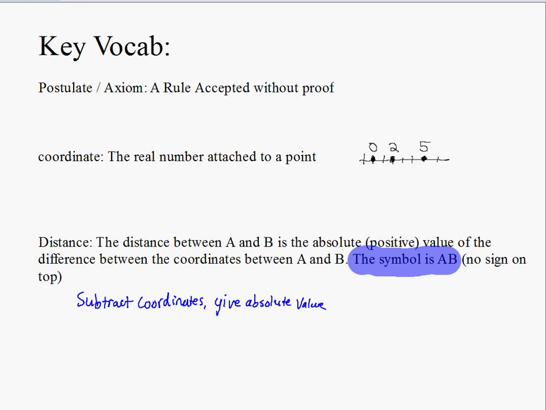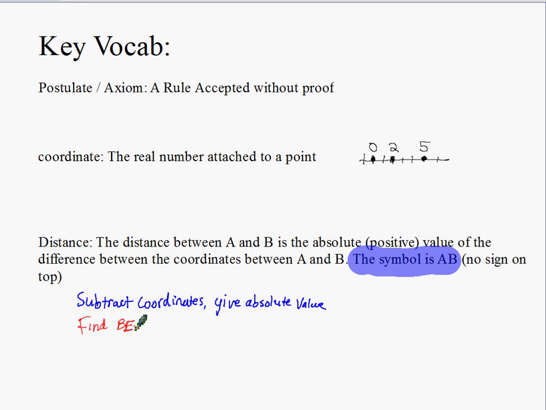The symbol is AB. Whenever we say, for example, if I write this down and say find BE, you need to be able to tell me that these are 2 points.